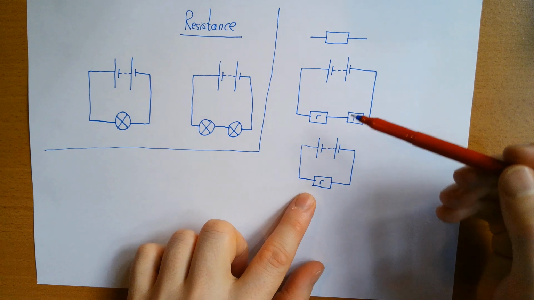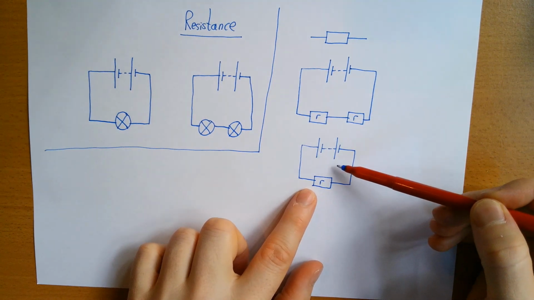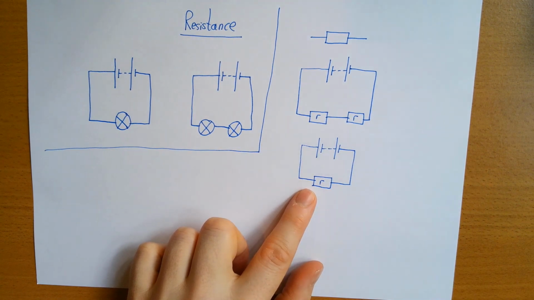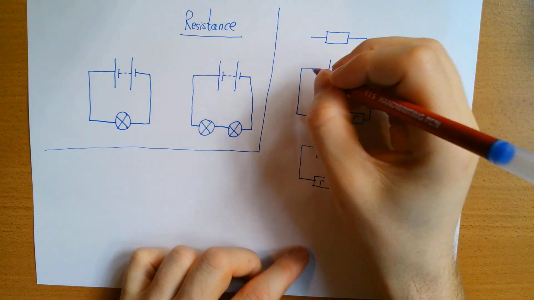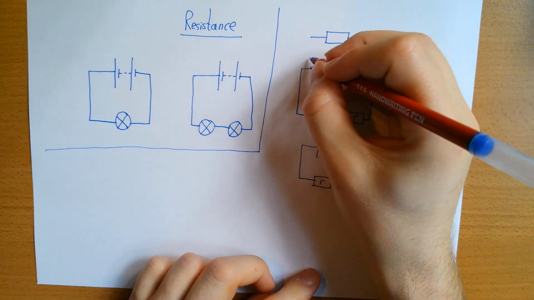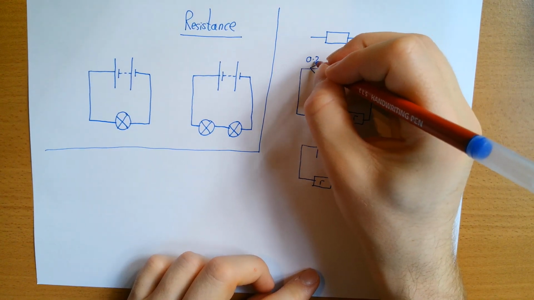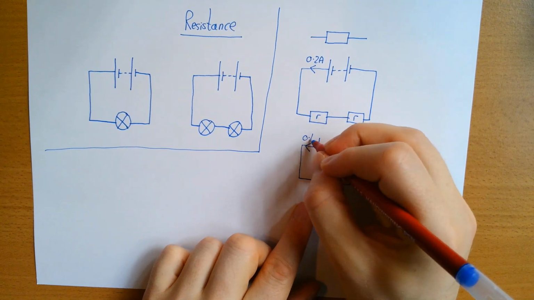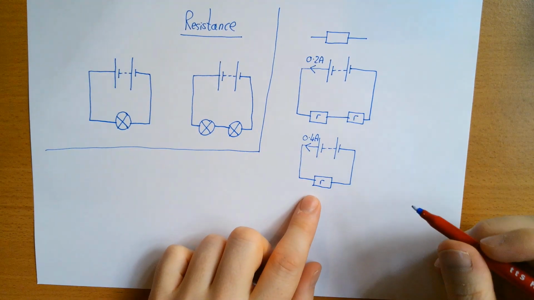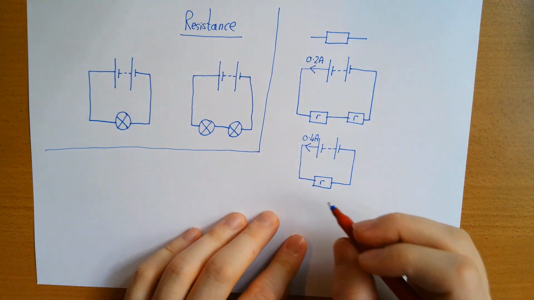And hopefully you've identified that if you halve the number of resistors, you halve how difficult it is for the current to get through, which means the current doubles. So if you had a current of 0.2 amps here, you've now got a current of 0.4 amps.